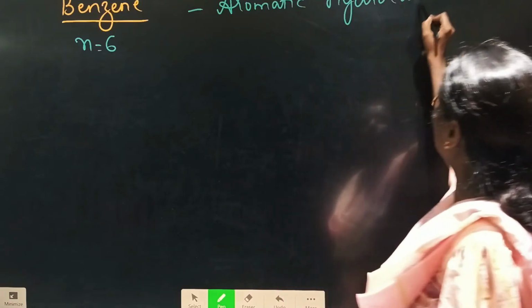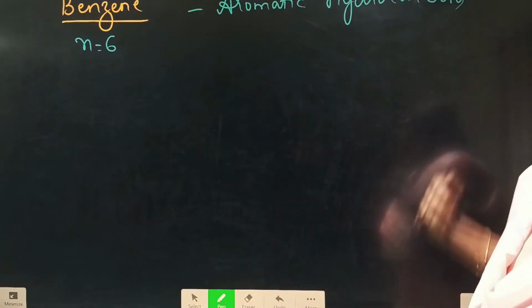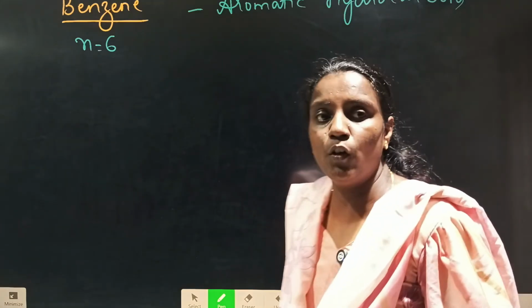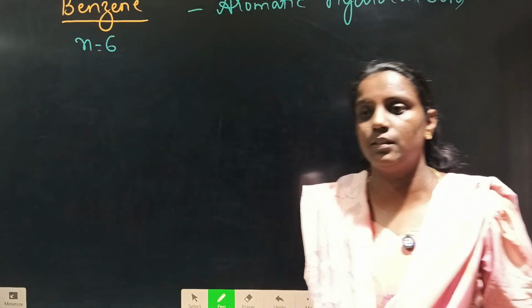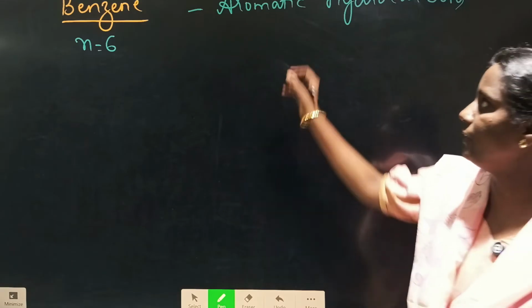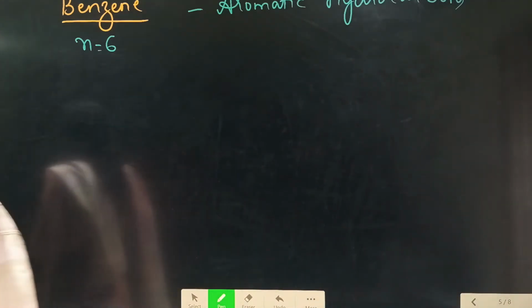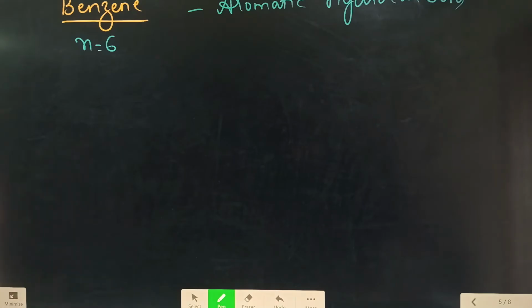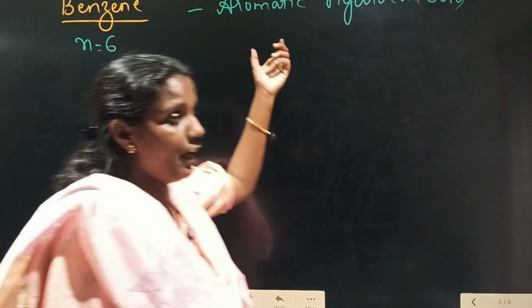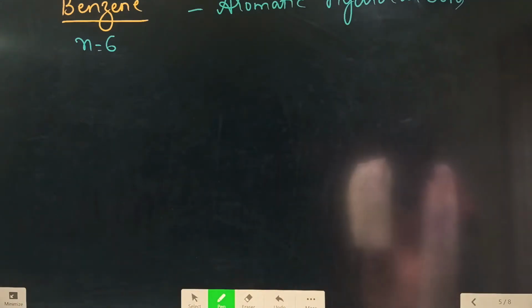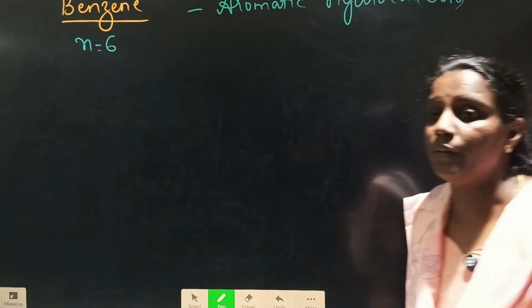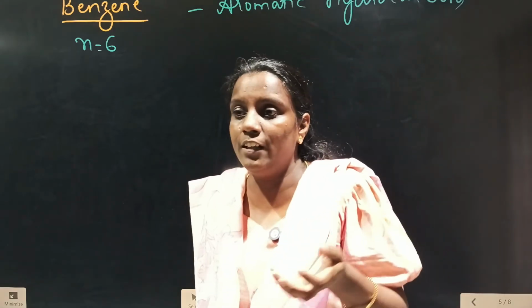So they will ask you one question: give an example for aromatic hydrocarbons. Benzene. What do you mean by the word aromatic? Aromatic means the compounds which are formed will give you a different smell.